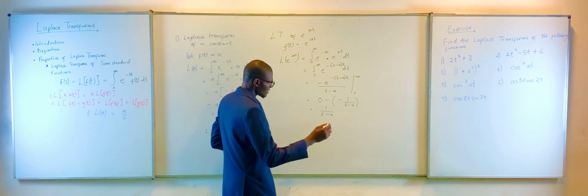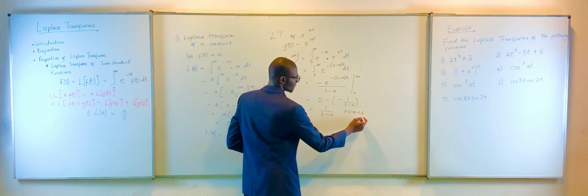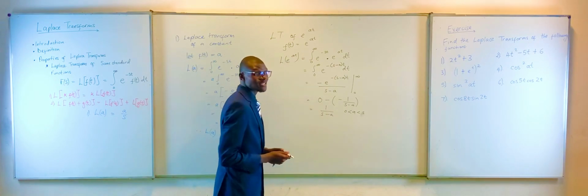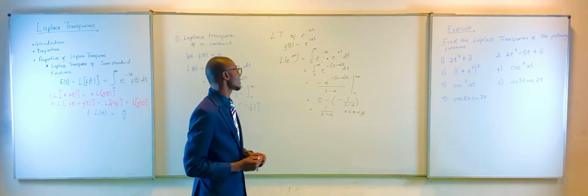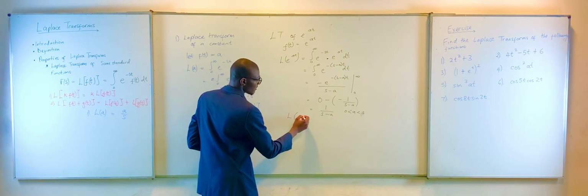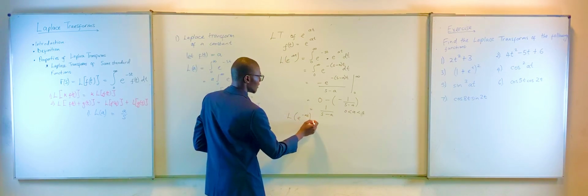Right? So we can say for a, a is greater than 0 but less than s. And if we would like to say, let's say we want to find the Laplace transform of e to the power minus at, right?